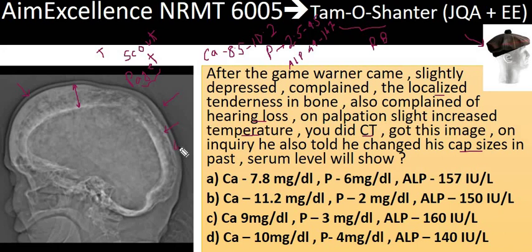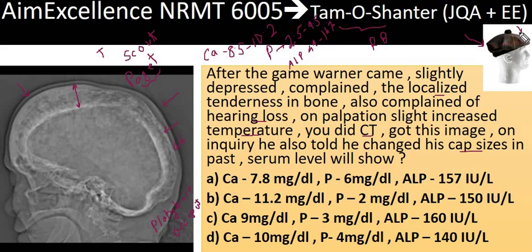It is also seen in Gorlin syndrome, where there is widening of the skull with platybasia, which gives the appearance that the skull is falling over the face, like the Tam O'Shanter hat. In platybasia, the angle between the occiput and the cervical vertebra is increased, which gives the appearance that it is falling over the face, like this particular head style.